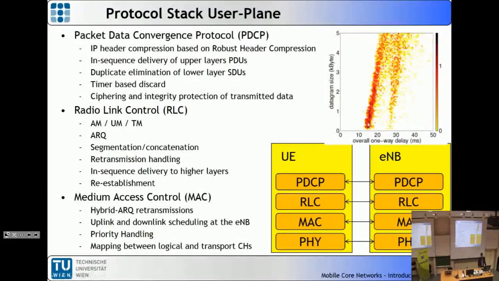A straight line here is basically a data rate. If you have a certain slope, that corresponds to a data rate, the intensity is given by coloring, and you can see that a retransmission would happen several TTIs later.